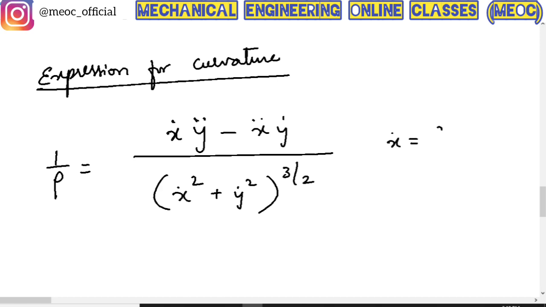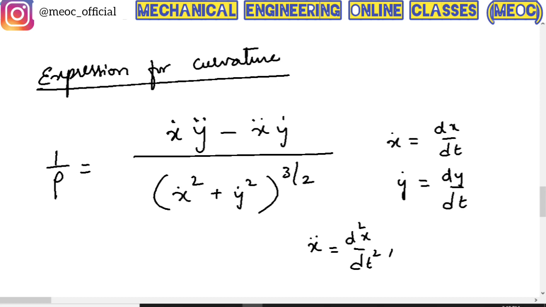Whereas x dot is nothing but the first derivative of x with respect to time, and y dot is dy by dt. X double dot and y double dot will be the second derivative. X double dot is d square x by dt square, and y double dot is d square y by dt square.